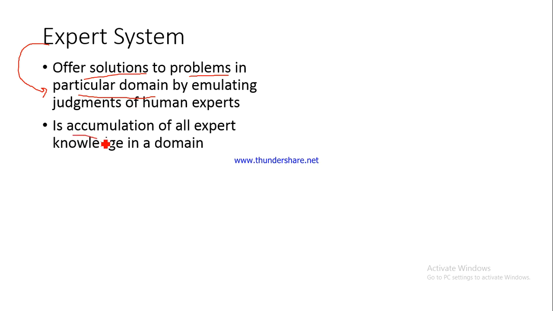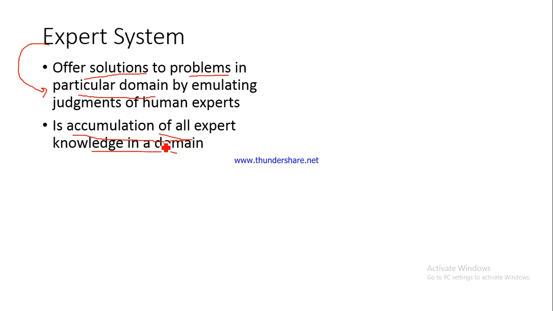It is an accumulation of all expert knowledge in a domain. So basically, all the expert knowledge in a particular area for which you have designed the expert system is collected and fed into the expert system.